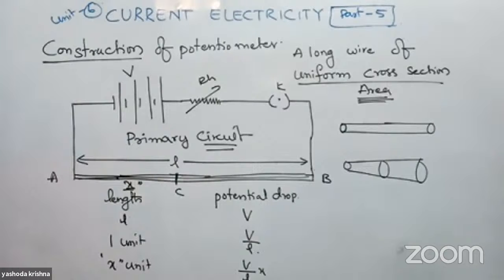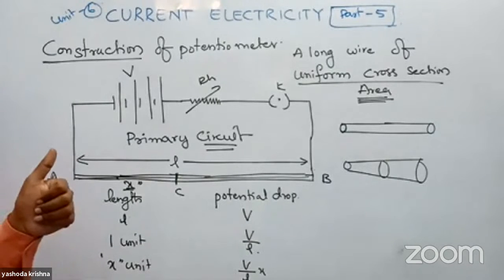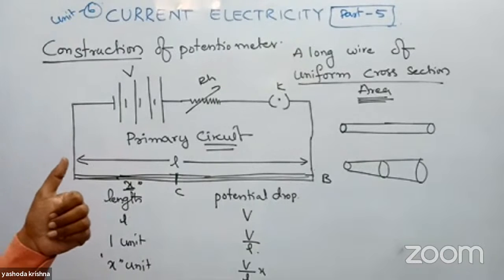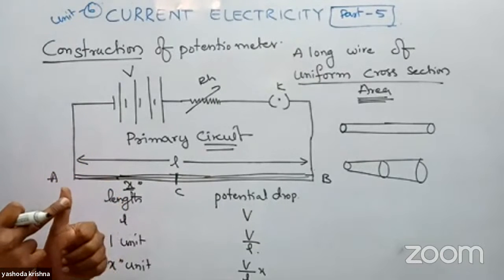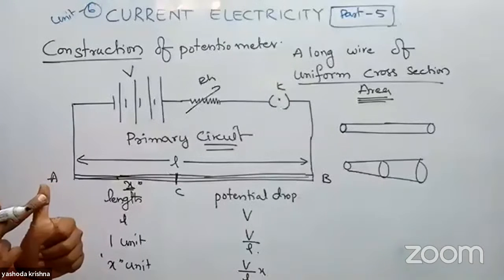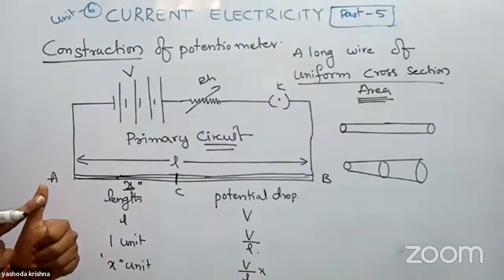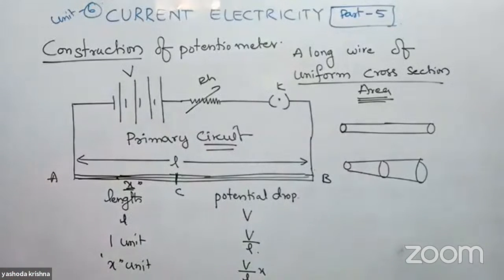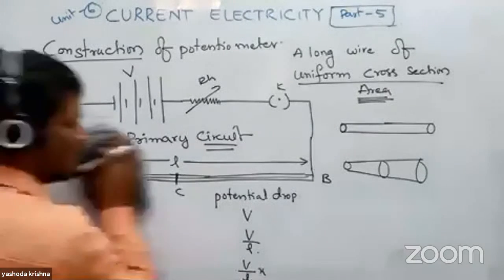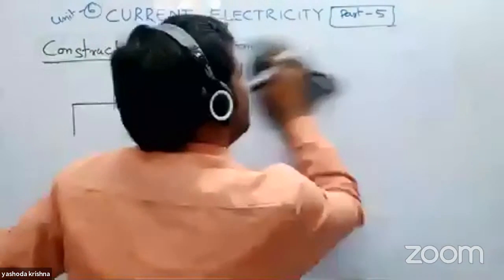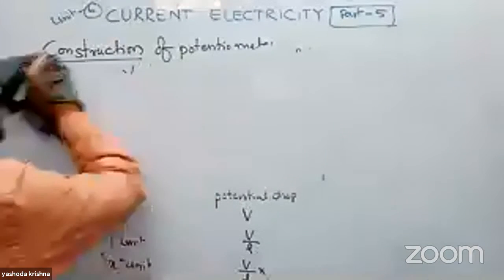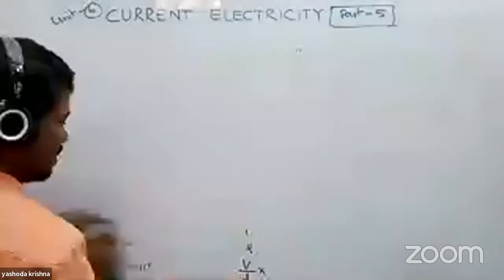How does a potentiometer work? First use: to determine EMF of a cell. How to determine EMF of a cell by using a potentiometer? Let us see. That is the most important.